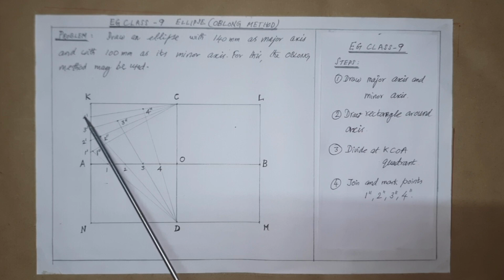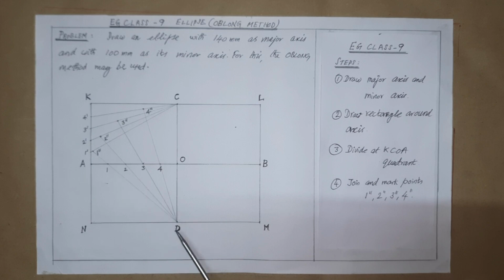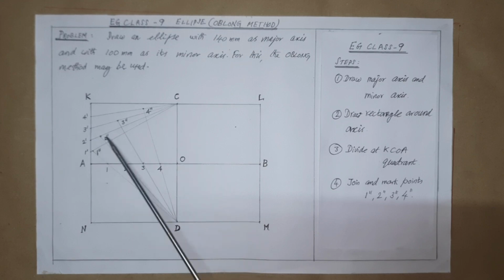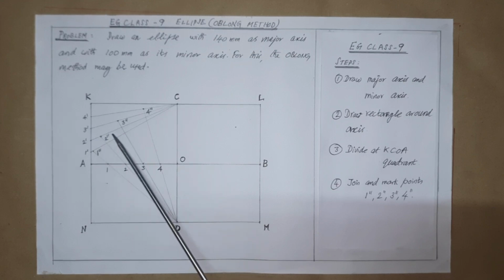Then similarly draw lines from D to 1, D to 2, D to 3, D to 4 and extend each line so that D1 meets C1 dash at 1 double dash. Likewise, D2 meets C2 dash at 2 double dash.